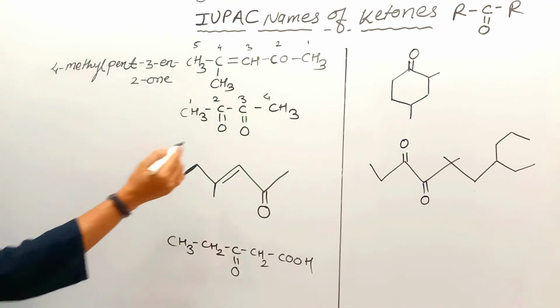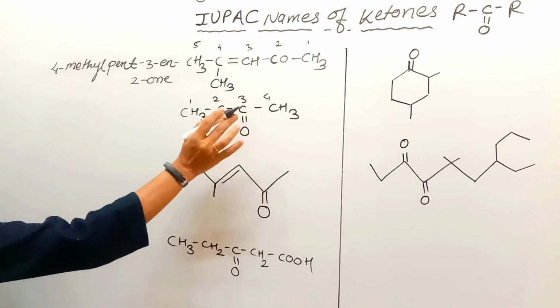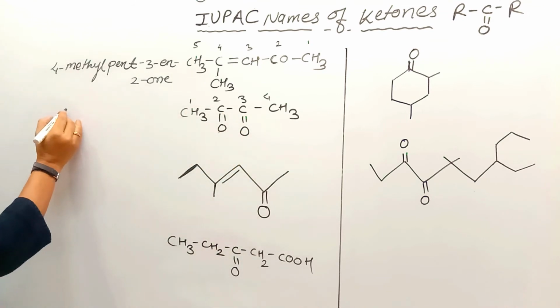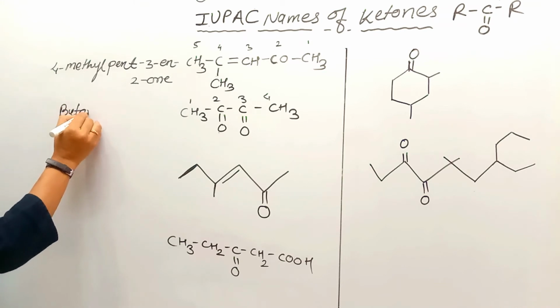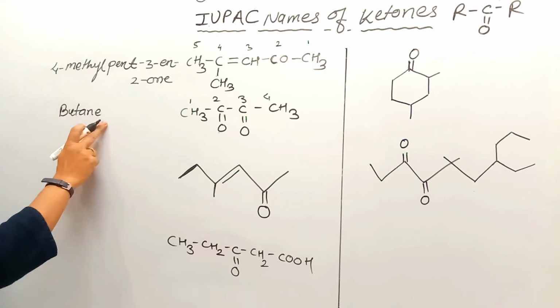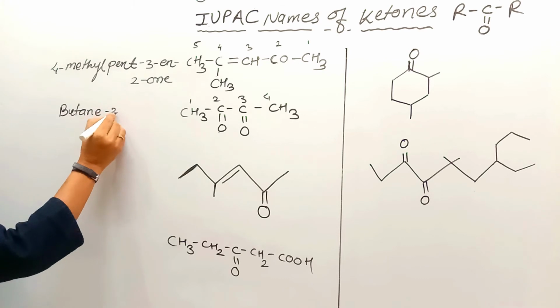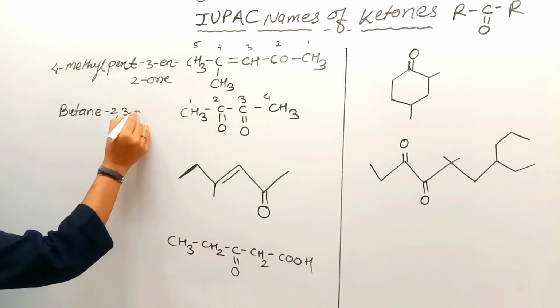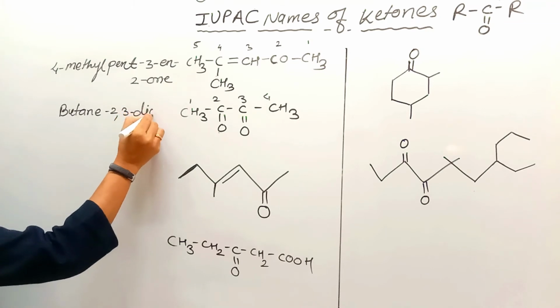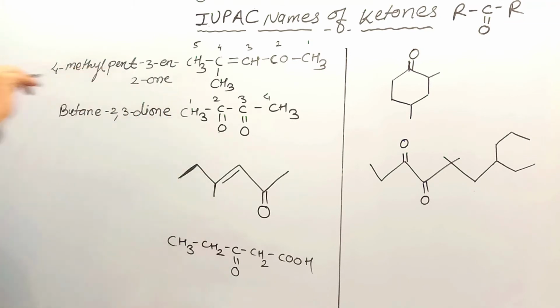Mind well that when functional groups are more than one, write the complete spelling of alkane. Hence, I will write butane, complete spelling. At 2 and 3 position, two ketonic groups are there, so di and ONE. So the name of the compound is butane-2,3-dione.